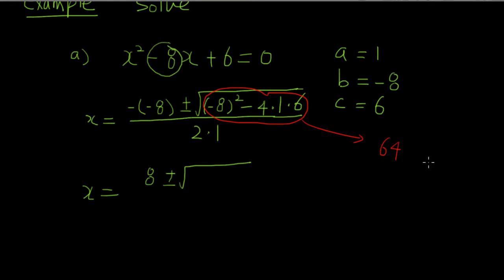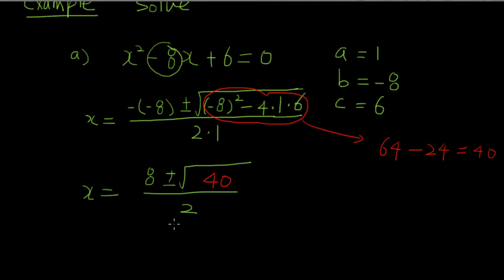Minus, what's 4 times 1 times 6? That's 24. So that's 40. So the inside must be 40, over 2 times 1, which is 2.